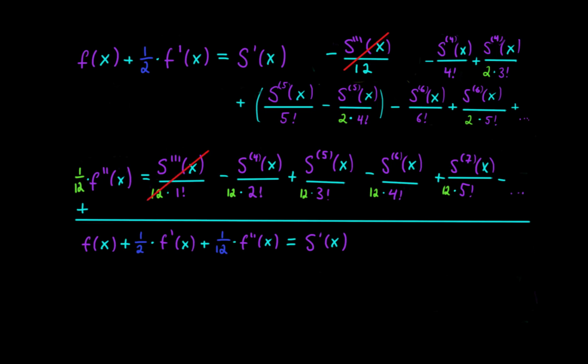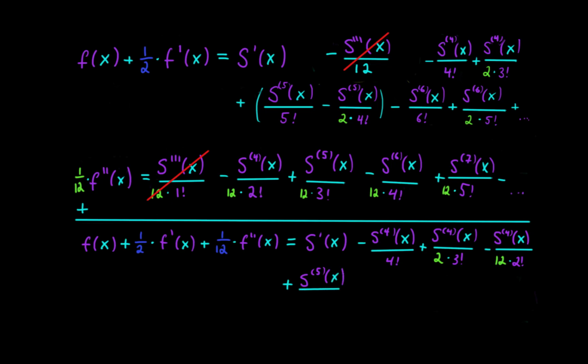And then we have minus s quadruple prime of x over 4 factorial plus s quadruple prime of x over 2 times 3 factorial minus s quadruple prime of x, this is coming from the bottom equation, over 12 times 2 factorial. And then the s5 terms, we have plus s5 of x over 5 factorial minus s5 of x over 2 times 4 factorial.